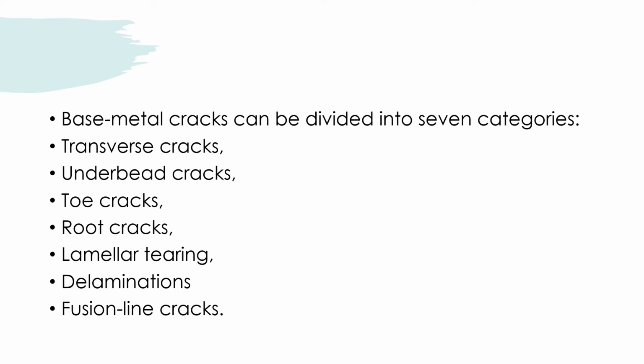The base metal cracks can be divided into 7 categories. These are transverse cracks, underbead cracks, toe cracks, root cracks, lamellar tearing, delaminations, and fusion line cracks.